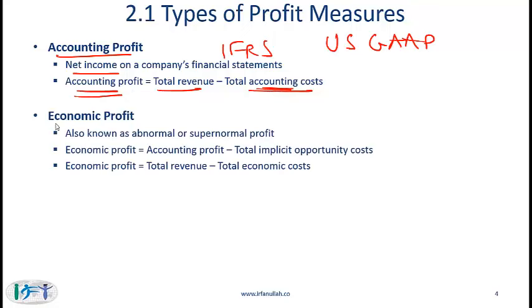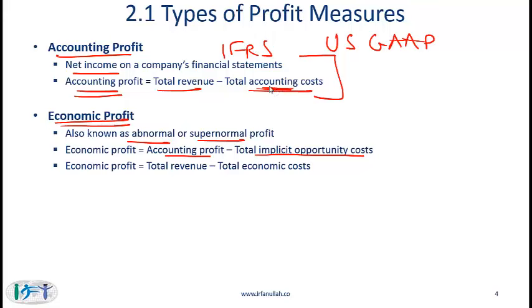Then we come to the definition that is going to be important in this reading, which is economic profit. This is also known as abnormal profit or supernormal profit. Economic profit is the accounting profit that we calculate over here minus any implicit opportunity costs. The point is that with accounting profit, we only consider explicit costs which IFRS or US GAAP allow us to subtract.